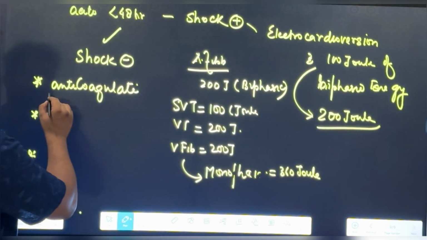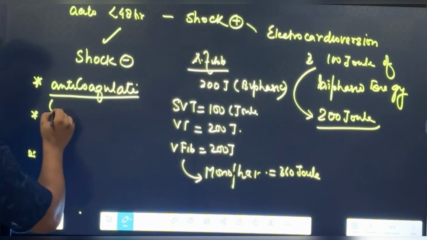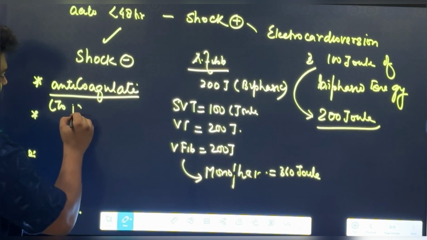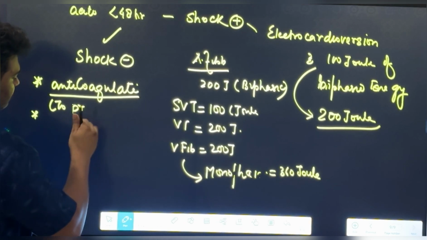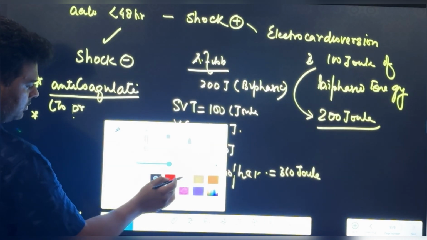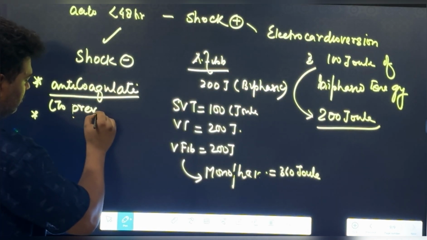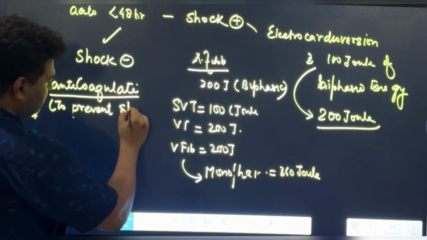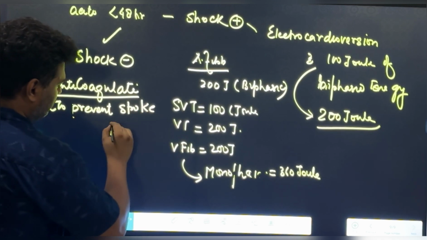So anticoagulation is done for stroke prophylaxis.